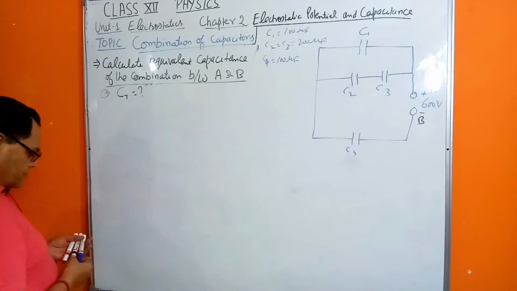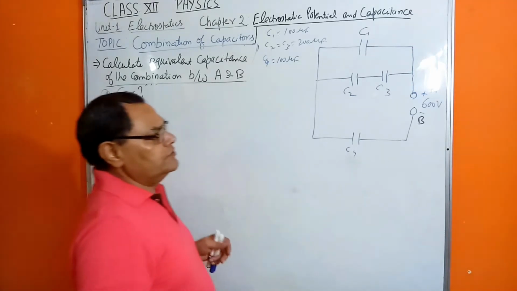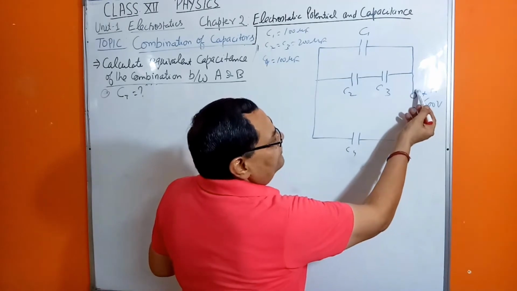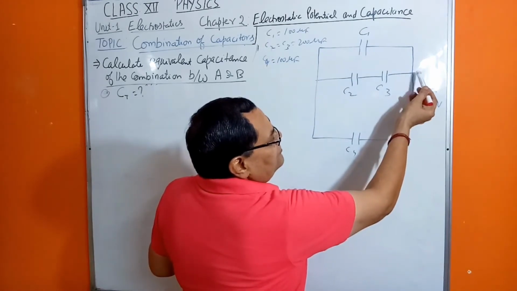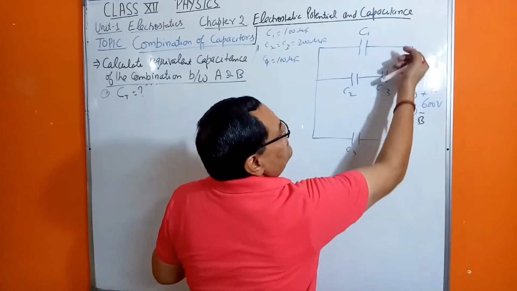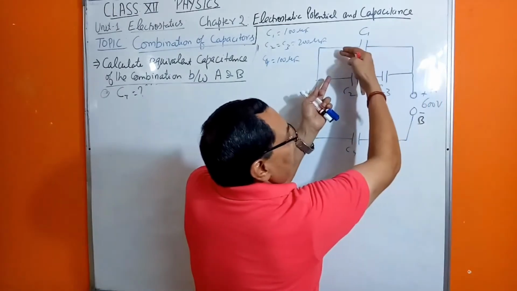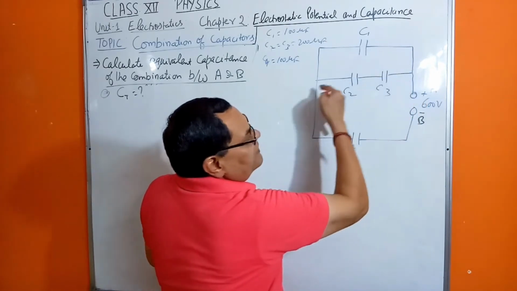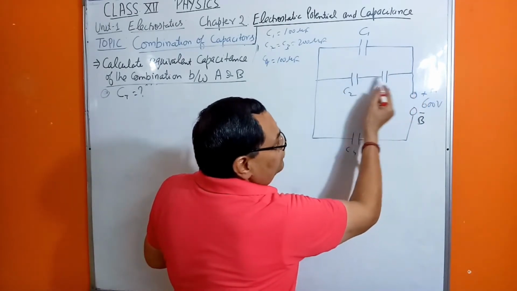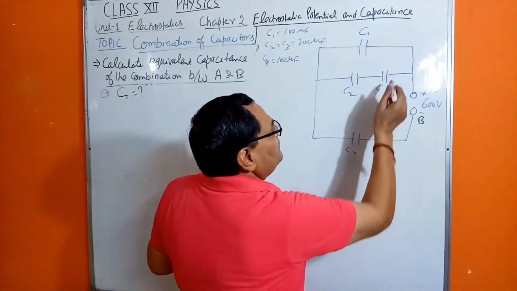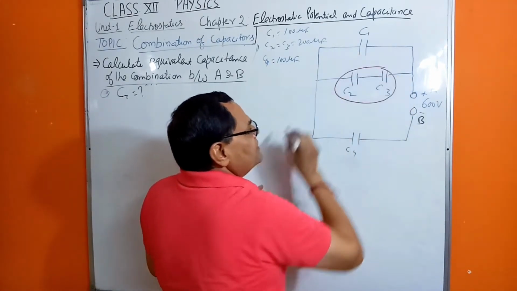Very interesting question. Alright, so let us do the mastery over this. How? If you start from here, what is happening? There is a branch, one this side, other this side. Whenever there is a branch like this, you will say this branch and this branch will be in parallel, but when you move this side, they are in continuation. So first of all, these two are in series.